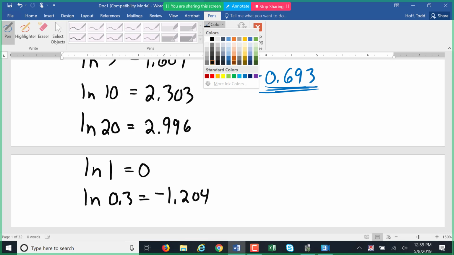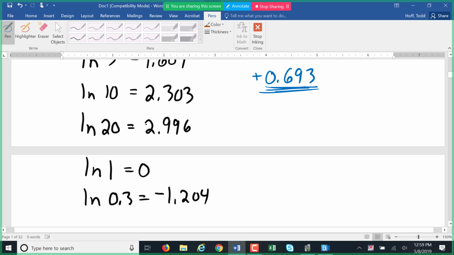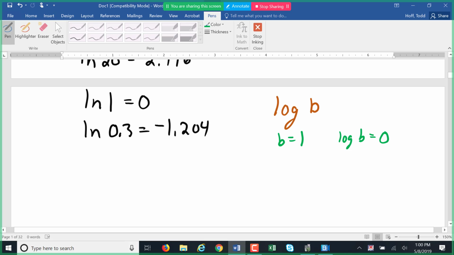Remember, the log, no matter what the base is, of some number b: if b equals 1, the log of b equals 0. If b is greater than 1, the log of b is positive.